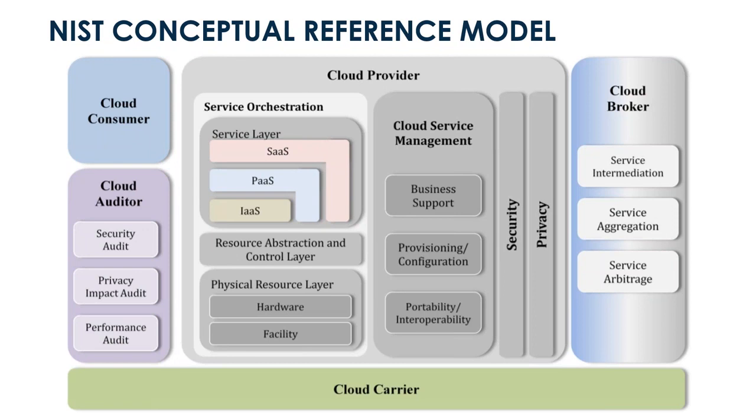The reason is there are security and privacy overlays on each of these components within the cloud provider's area, be it service orchestration, cloud service management, resource abstraction, or the physical resource layer. Security and privacy need to fit into all of those areas. That means they need to be interwoven into each of these layers within the cloud provider.